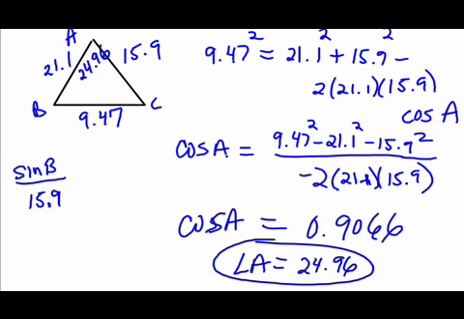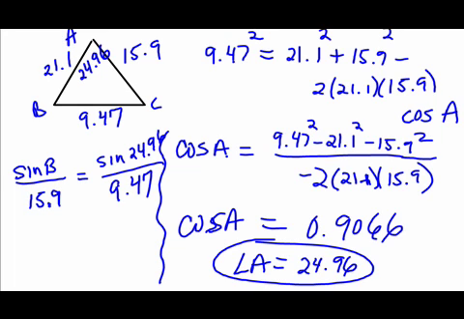Sine of B over 15.9 equals the sine of our new angle, sine 24.96, over the side across from that angle, which is 9.47. And we get angle B being 45.09. Which makes angle C, when you subtract them both from 180, 109.9.